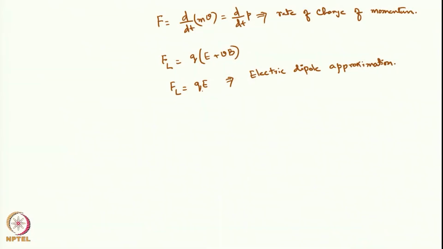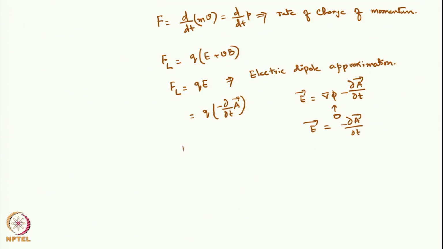Now F_L is equal to Q times E. Now I can write this as Q times minus dA by dt, because E is equal to minus del phi minus dA by dt. In the Coulomb gauge you have phi equal to 0, which means E will turn out to be minus dA by dt.